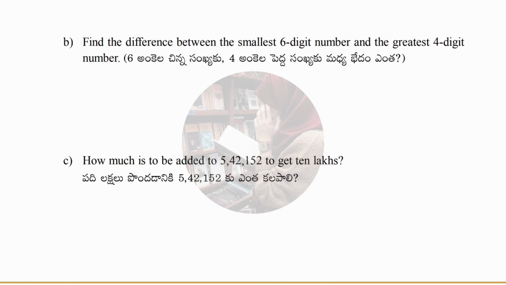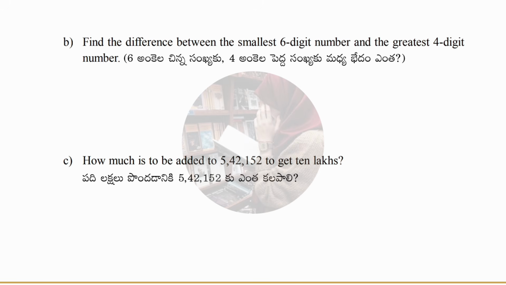Let's move on to the next question, which is find the difference between the smallest 6-digit number and the greatest 4-digit number. Whenever you are asked to write the smallest 2-digit, 3-digit or 4-digit number, you write 10, 100, 1,000, 10,000, 1 lakh, depending upon the digits they ask.